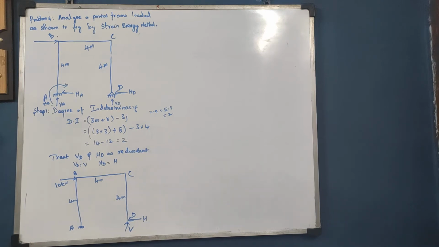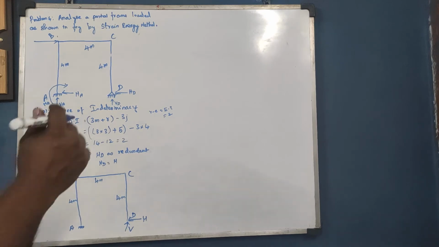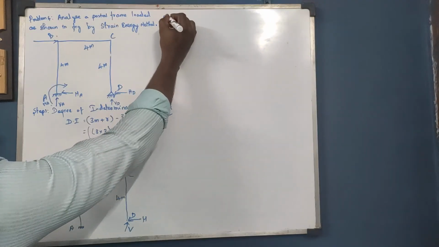We can go for step 3. That means we can calculate the redundant force without calculating the support reaction at A.